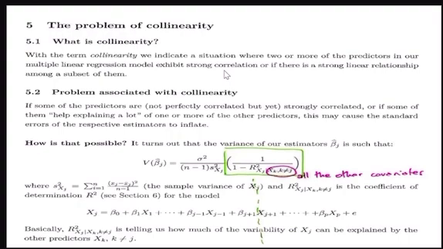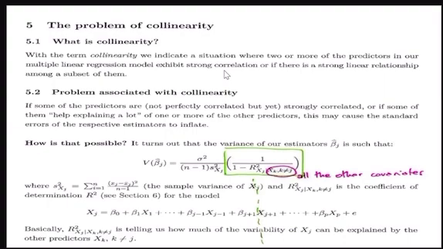Now, let me tell you this. When multicollinearity is present, your regression estimator will still be unbiased, but it is no longer going to be consistent. What determines consistency is the variance of an estimator.